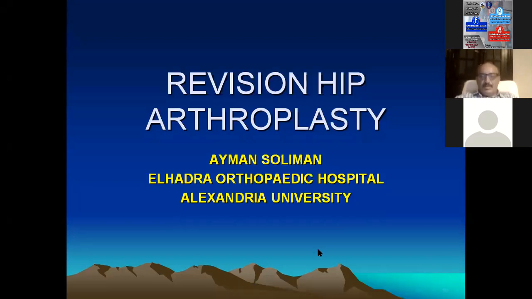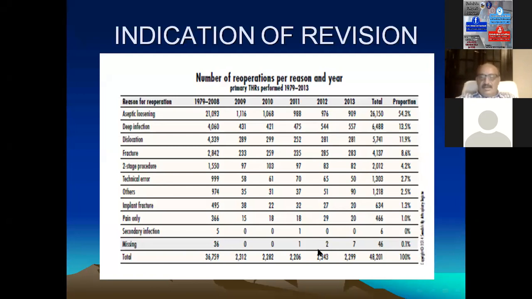Dr. Wael will talk to us about periprosthetic fractures, but if we try to summarize the indications of revision in arthroplasty, if we look into the registry, the Scandinavian registry, we will find that aseptic loosening, deep infection, dislocation, and fractures are the most common reasons for revision.